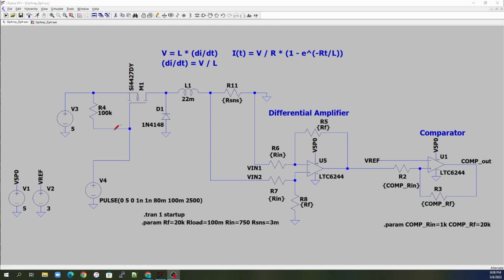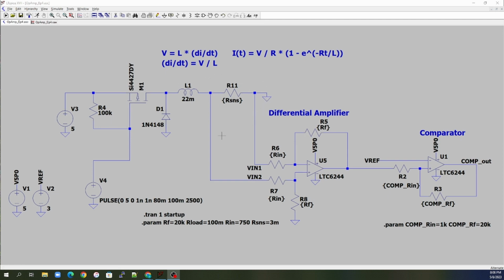What is going to happen is when this PMOS turns on, 5 volts will be applied to the inductor and sense resistor. The inductor will begin to charge via this formula. When the pulse turns off, the switch will become disconnected, and because we know that current can't change instantly on an inductor, current will continue to flow in this direction.